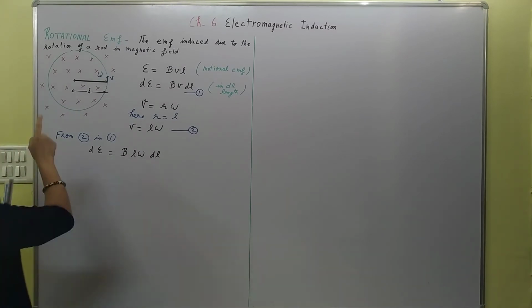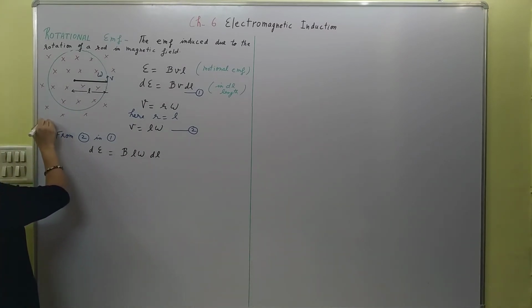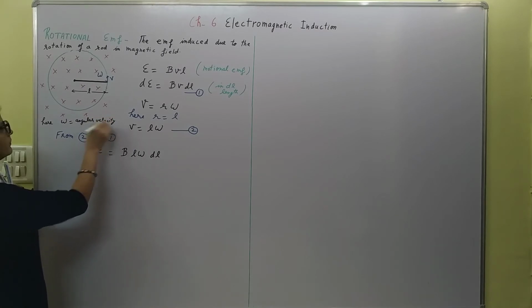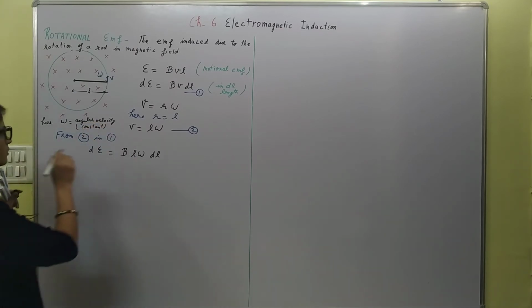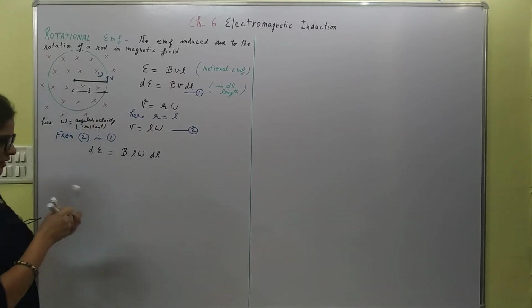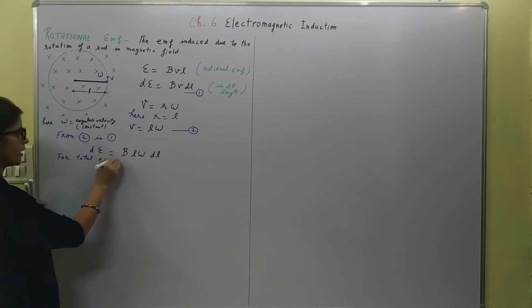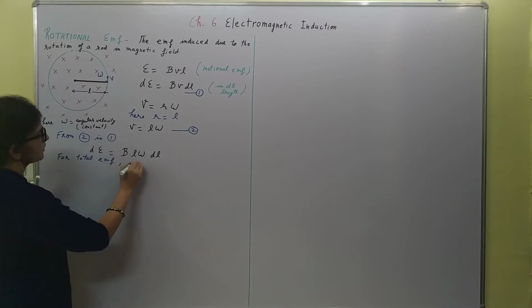Now if the angular velocity is constant, that is uniform, and I have to find the total EMF, I need to integrate it.